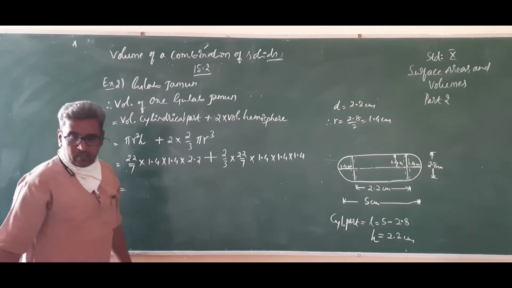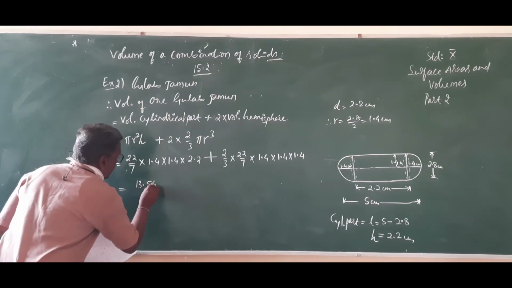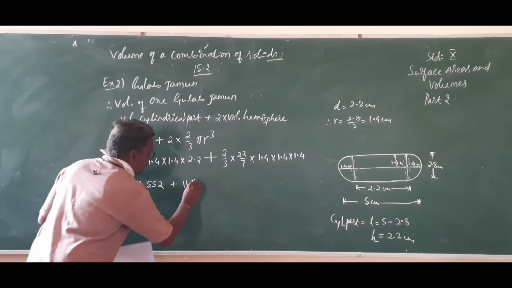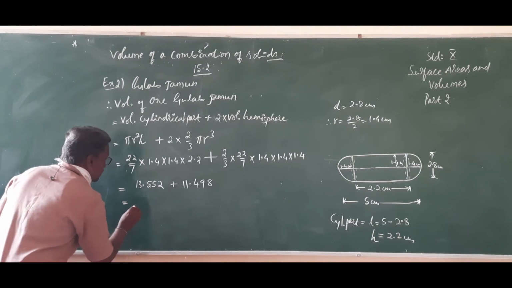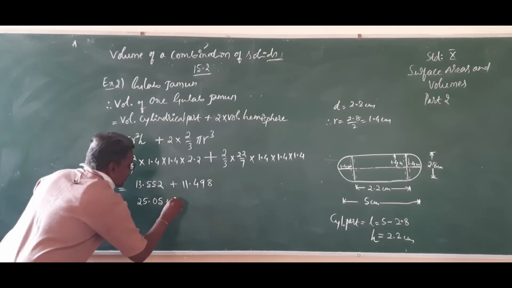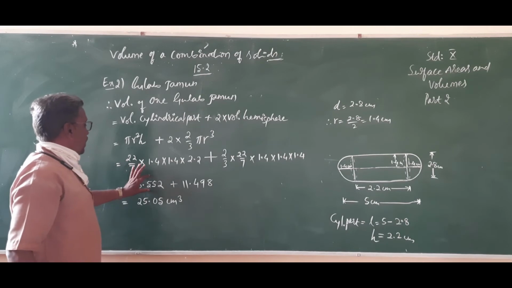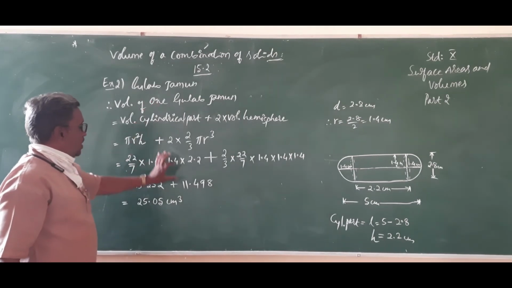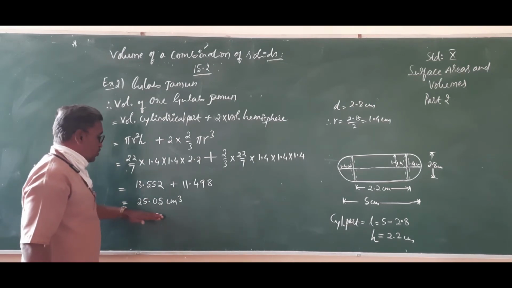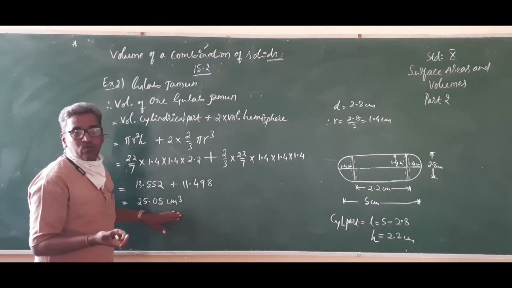This gives 13.552 plus 11.498, which is equal to 25.05 centimeter cube. 13.552 centimeter cube is the cylindrical part volume, 11.498 is the volume of the two hemispheres together, and 25.05 centimeter cube is the volume of one gulab jamun.